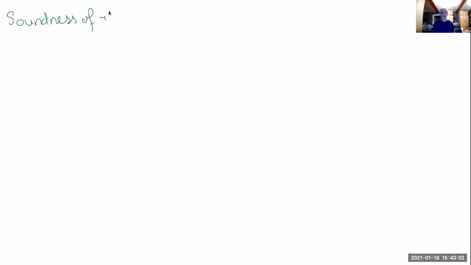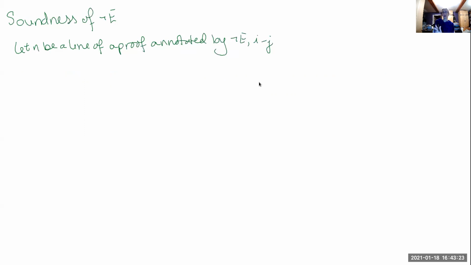Soundness of negation elimination. So we start off by explaining what a proof that uses this rule would look like. So we say that let n be a line of a proof annotated by negation elimination lines i to j, because remember, negation elimination cites a subproof.